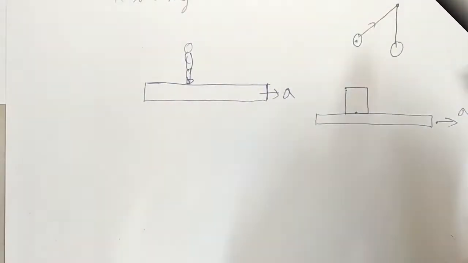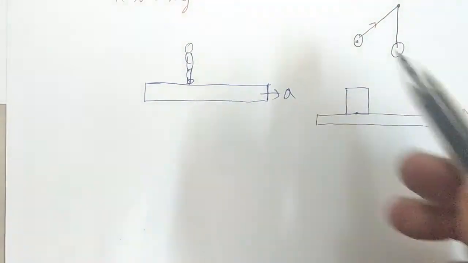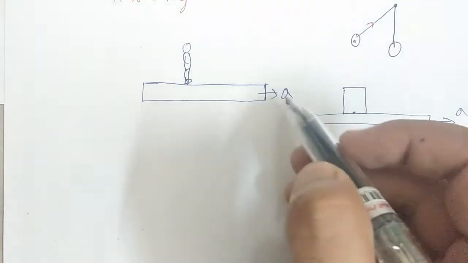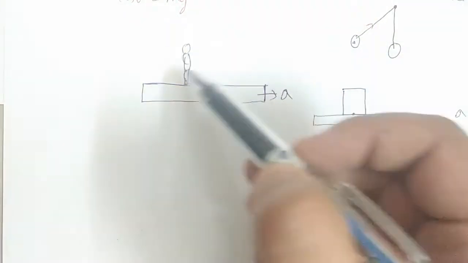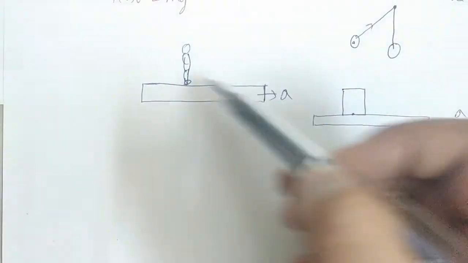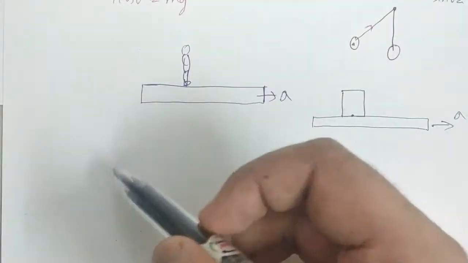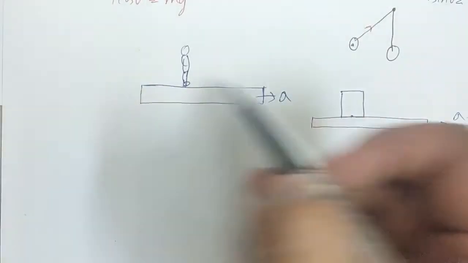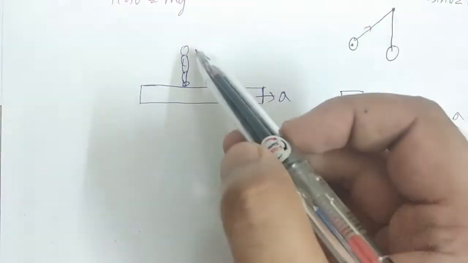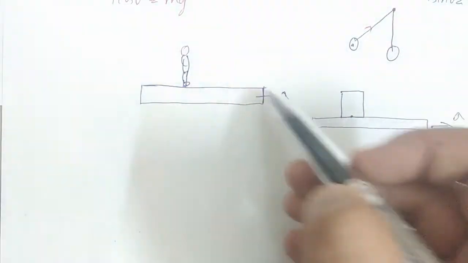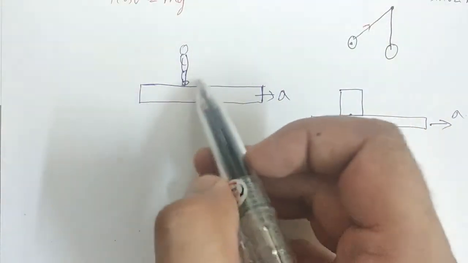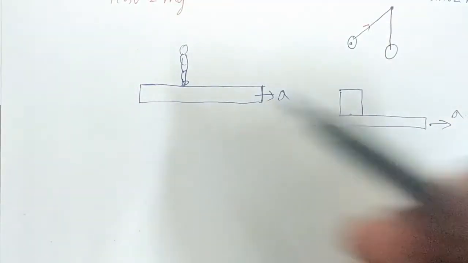We can take another case where you are inside a train or a car which is moving forward with an acceleration of a. So you are standing on this surface. To an outside observer, how can he say that the person inside this train is holding on to the surface even though the surface is moving forward? It is obviously due to friction.